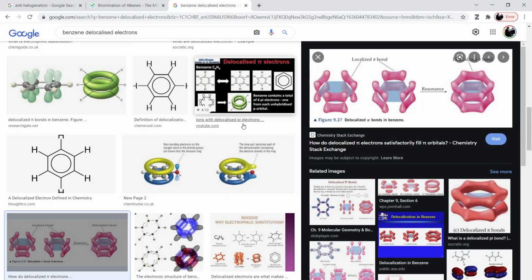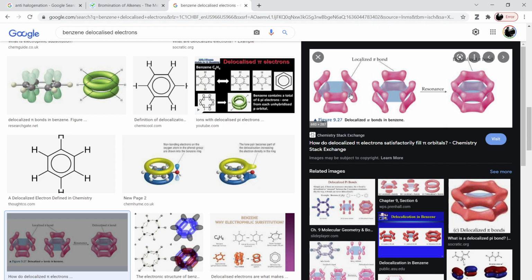Actually, I think this is even from our book. So we might think of these as localized when we draw them as double bonds in benzene, right? Where we can say, I'm going to make the double bond here and here and here. As long as we have the alternating double bonds, we're good. But we know they rapidly interchange.